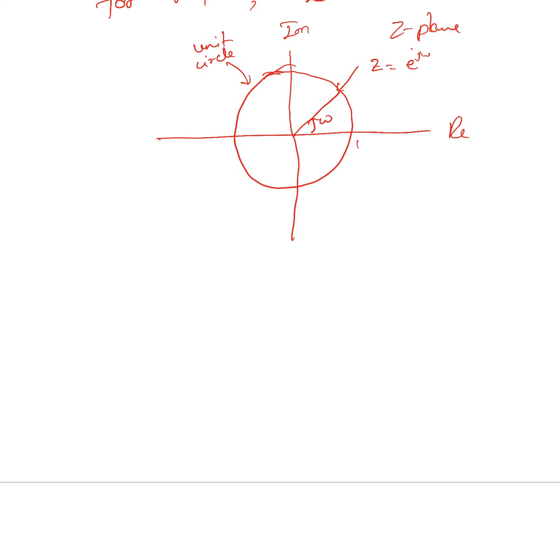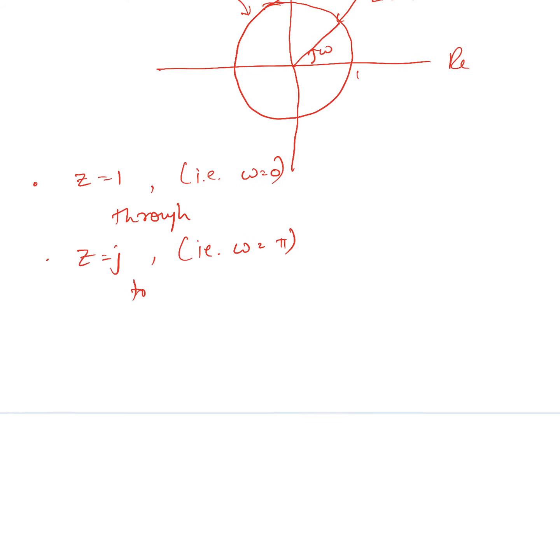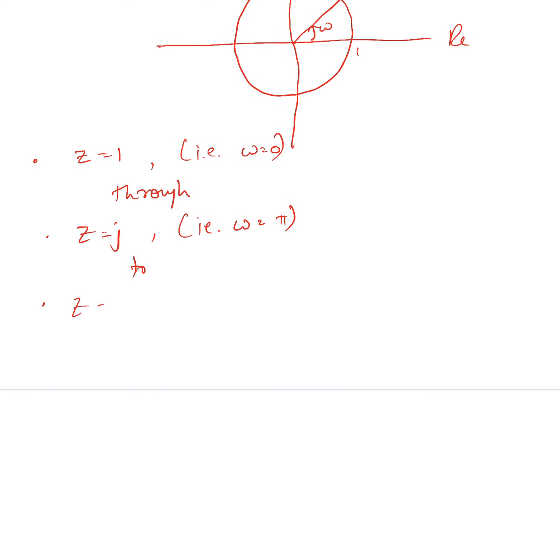So if we evaluate this x of z at points on this unit circle in the z plane, the first case is z equal to 1, which means omega is equal to 0, through z equal to j, which is equivalent to saying that omega is equal to pi by 2, to the point z equal to minus 1, where omega is equal to pi.